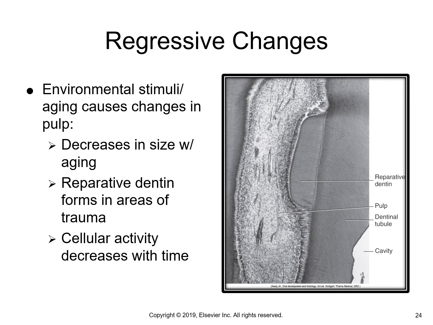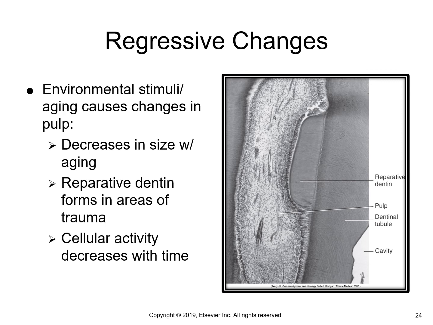Those kinds of things can cause the tooth to lay down more dentin to protect the underlying pulp. So this could have been environmental stimuli or aging causing these changes in the pulp. We see those decreases in size with aging, and we'll see that reparative dentin being laid down in areas where we've seen trauma from decay or from a tooth preparation.